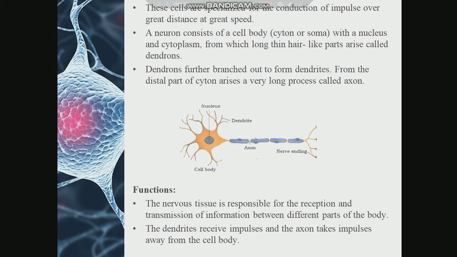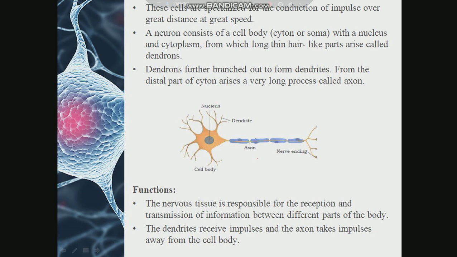This neuron consists of a cell body, a hexagonal shaped body on the top, which is called cyton or soma, and it has a central nucleus and cytoplasm. From this soma or cyton you can see hair-like structures that arise, which are called dendrites. At one end of the cyton, you can see a long process that develops, which is called the axon.